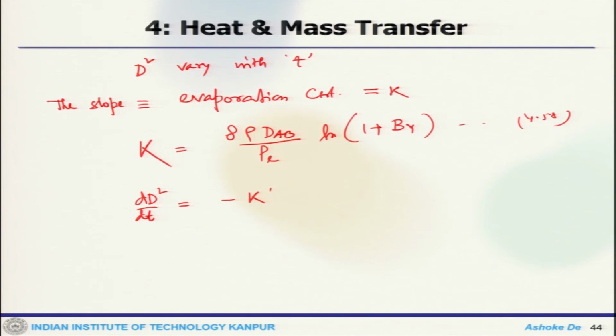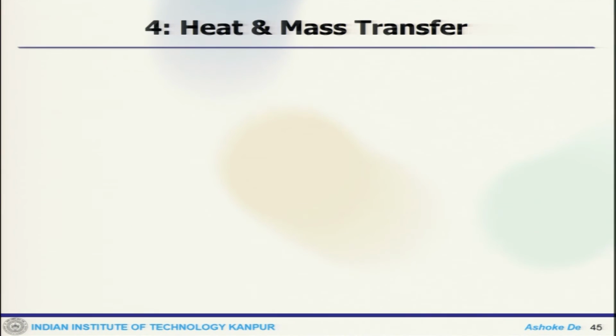Now, if you integrate this, this would be from d naught squared to d squared equals minus integral 0 to t of K dt, which will get you the evaporation time t_d equals d naught squared by K. And if you change the limits to get a more general relationship for the variation of d squared with time, you get d squared equals d naught squared minus K t.